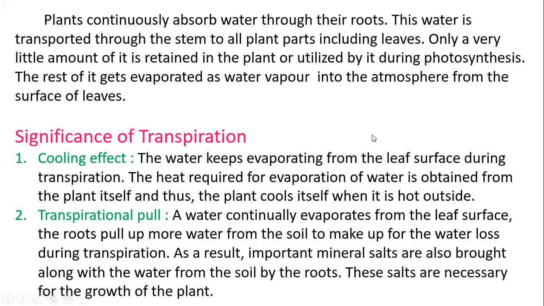Significance of transpiration. Cooling effect: the water keeps evaporating from the leaf surface during transpiration. The heat required for evaporation of water is obtained from the plant itself, and thus the plant cools itself when it is hot outside. Transpirational pull: the water continually evaporates from the leaf surface.